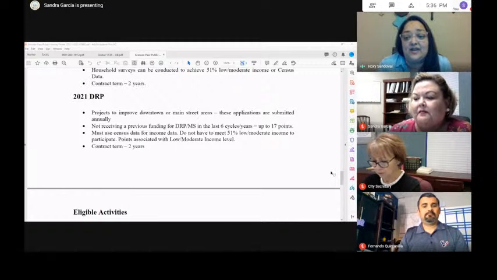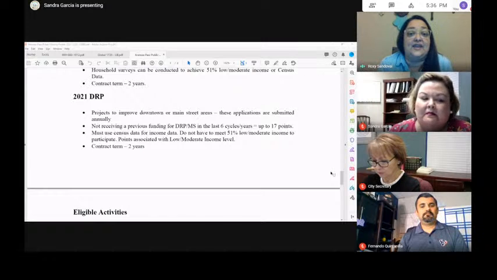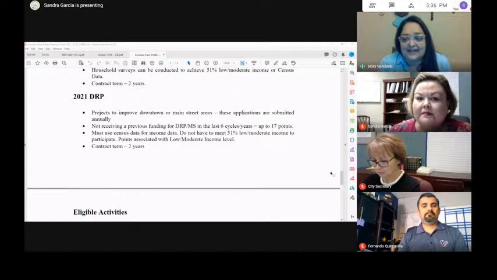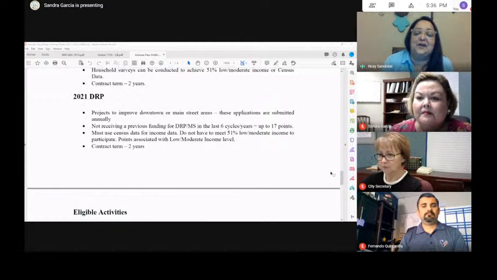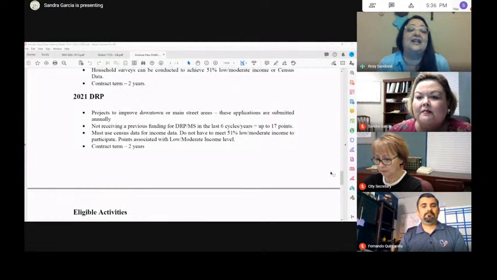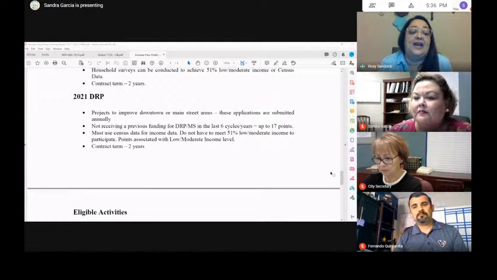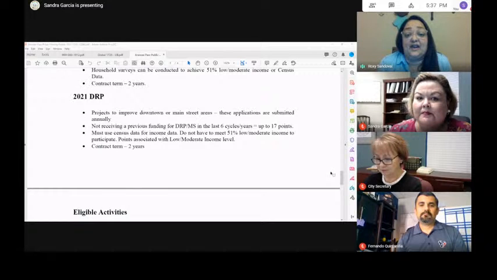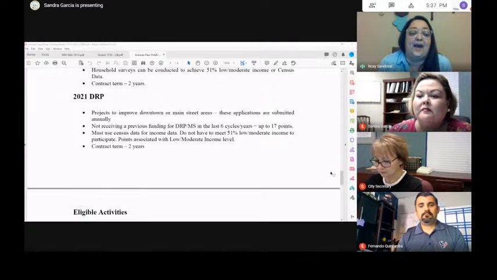So basically what TDA tries to do is give everyone a chance to apply for DRP. If you get awarded 1 year, you're most likely not going to receive it for the next few years. So you kind of have to wait to complete your project and then let a few cycles go before you apply again for a DRP program. This one uses census data as their income data. You do not have to meet the 51% low to moderate income to participate, but there are points associated with the LMI. And these contracts are also 2-year contracts.